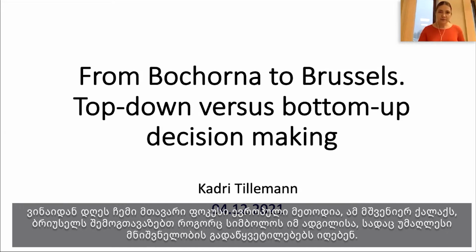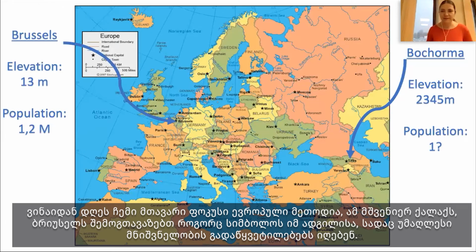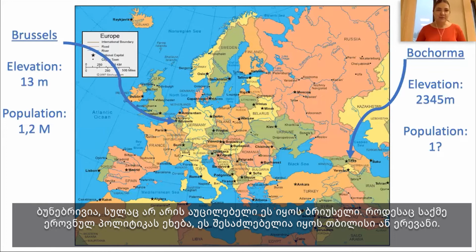Since my main focus today is the European method, I am using this lovely town of Brussels as a symbol of the place where the top level decisions are made, but of course it doesn't necessarily have to be Brussels.